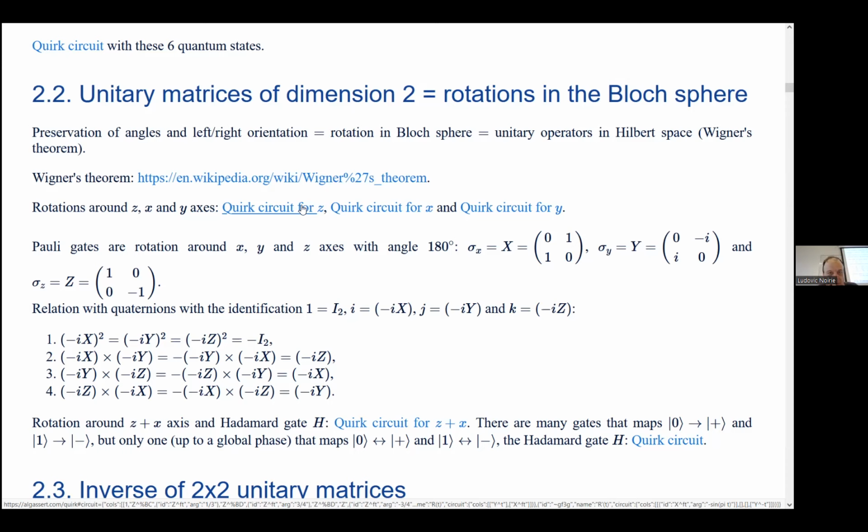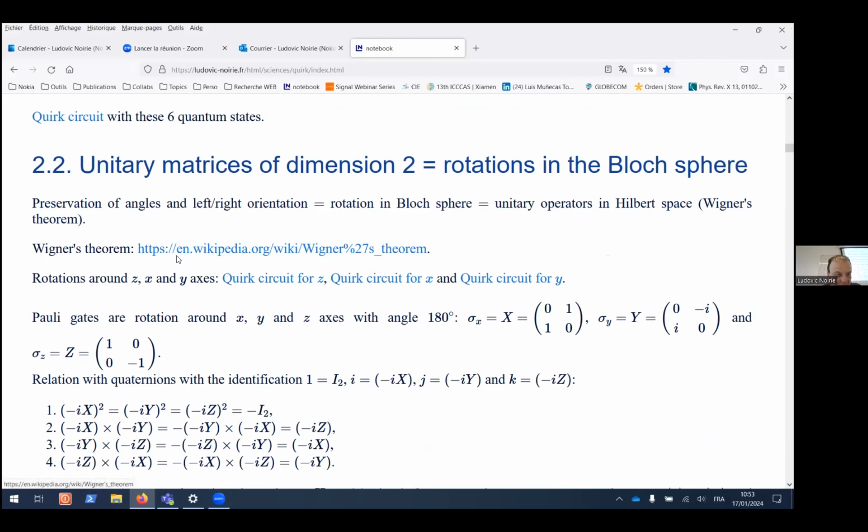So the rotations are the isometries with preservation of the orientation of the axes in 2 dimensions, and there is a representation by unitary operators in Hilbert space. So now we will look at the rotations corresponding to the Z, X, and Y axes.